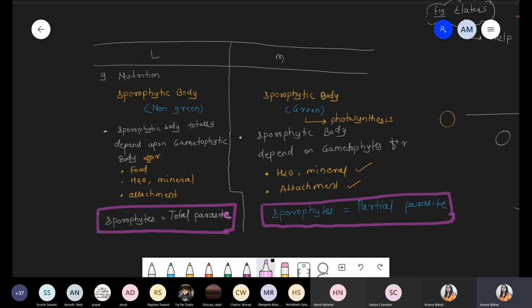That's why mosses are called leafy bryophyta. Green means chlorophyll pigments are present, and if chlorophyll is present, they can perform photosynthesis. Is this point clear, everyone?